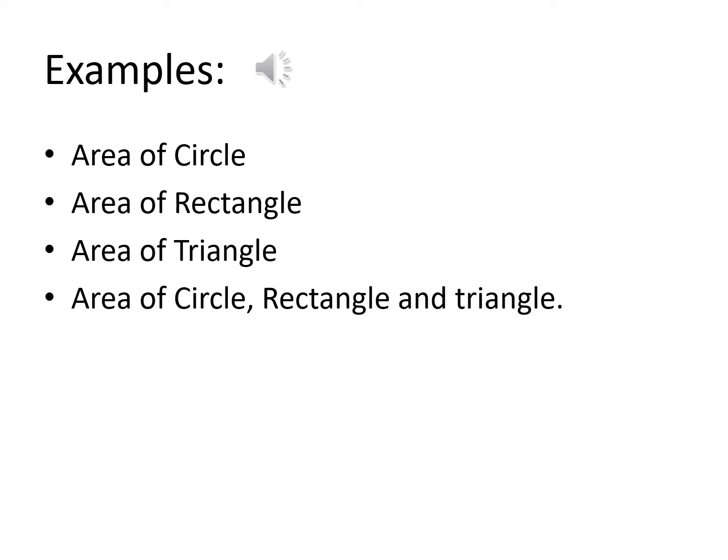The next slides are the examples for the area of circle, rectangle, and triangle.